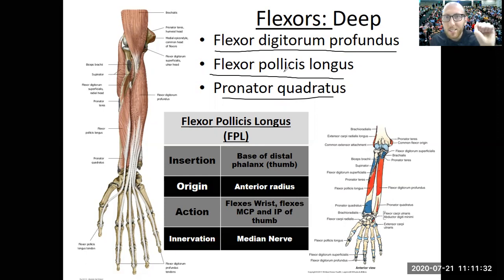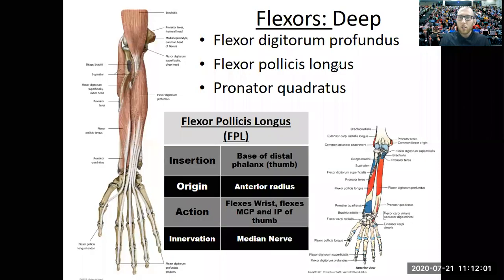We got a specific muscle just for flexion of the thumb, and it's called longus because later when we look at the hand specifically, there's going to be one that's a brevis. Brevis is short, longus is long. So down here we can see that it is going to flex the wrist a little bit, but mainly flexes the MCP and IP joints of the thumb.